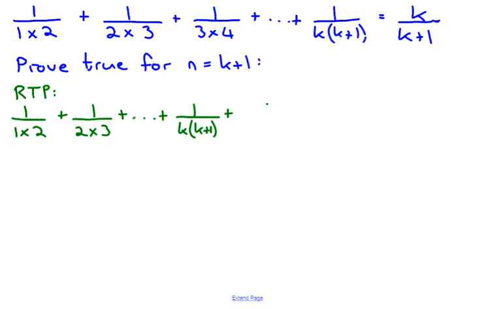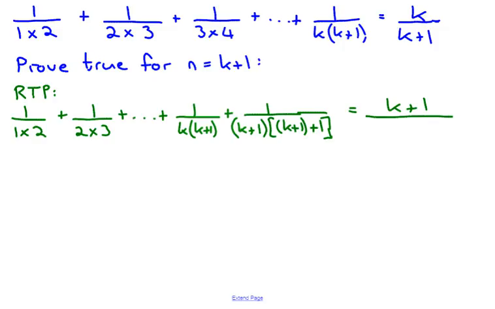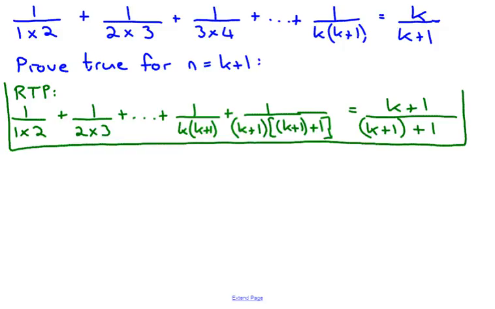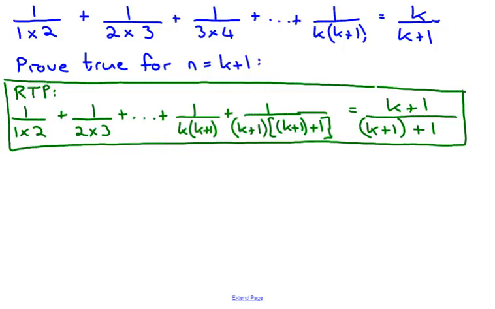One more term onto that is 1 over k plus 1 times k plus 1 plus 1. That I want to prove to be equal to k plus 1 over k plus 1 plus 1. That's just what I'm required to prove, so I'm just going to put it in a block. It's not part of my proof. I'm just keeping it in front of my eyes as I'm doing a proof.